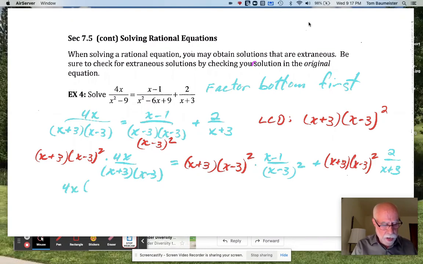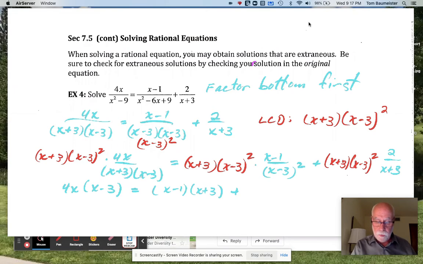And I told you we're going to have 1 of our x minus 3s. Okay? On this one here, let's see, x minus 3 squared and x minus 3 quantity squared is going away. What is left there? You're going to tell me you have x minus 1 times x plus 3.